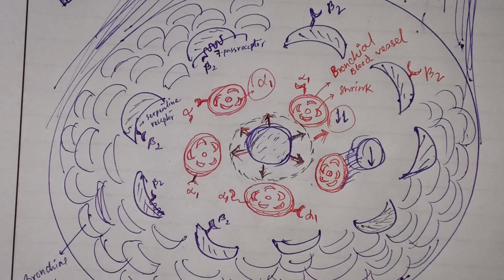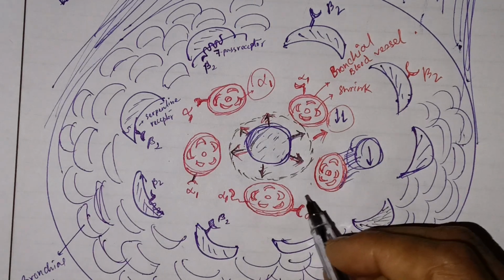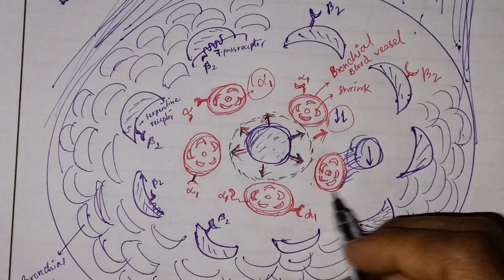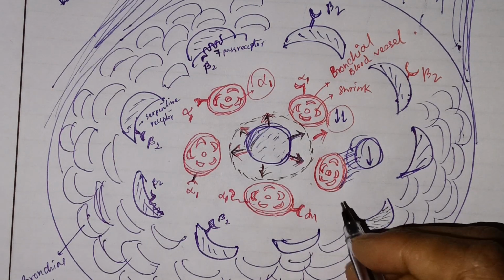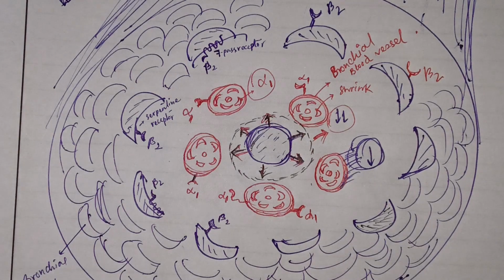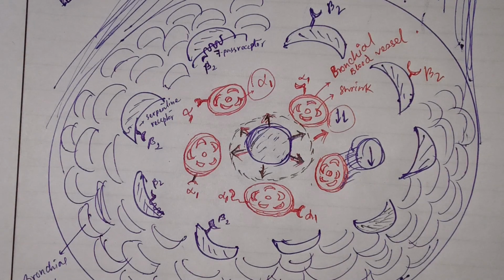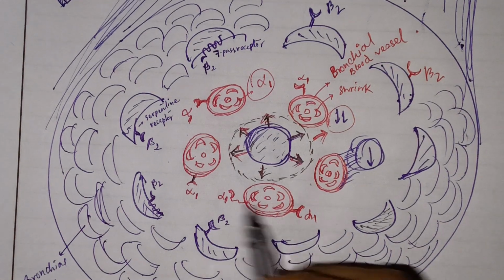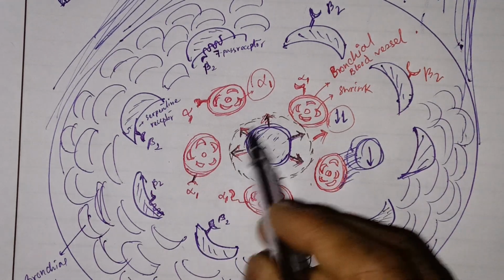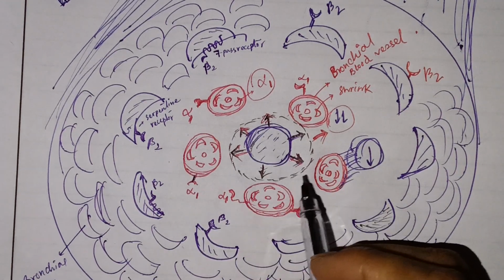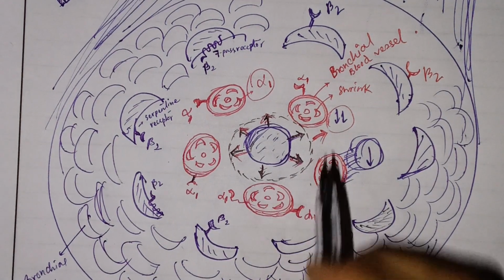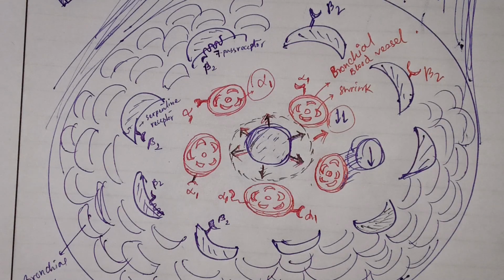Why? The reason is that if the blood flow inside these blood vessels increases, then the inner side of the bronchiole, that is the lumen side, will swell up and become edematous. And it will also become hyperemic.